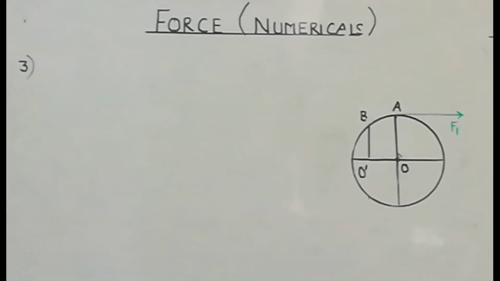Okay, now let's see in this numerical, they have given you a wheel which has a fixed axle passing through its center O. That means O is the center of rotation. The wheel is kept stationary under the action of two forces, a horizontal force F1 that they have shown in the diagram and a vertical force F2 that you have to mark at B. Now in the diagram we have to mark F2.